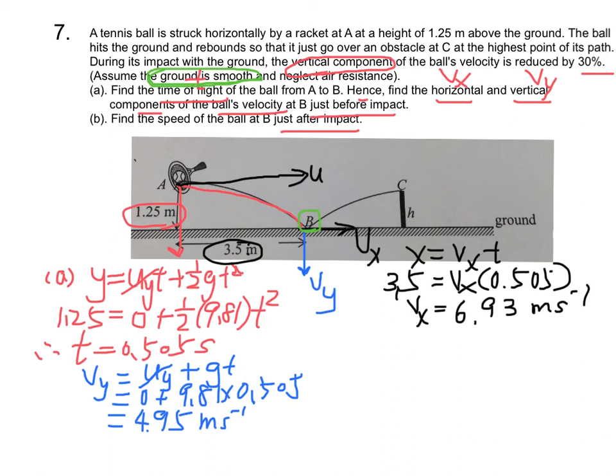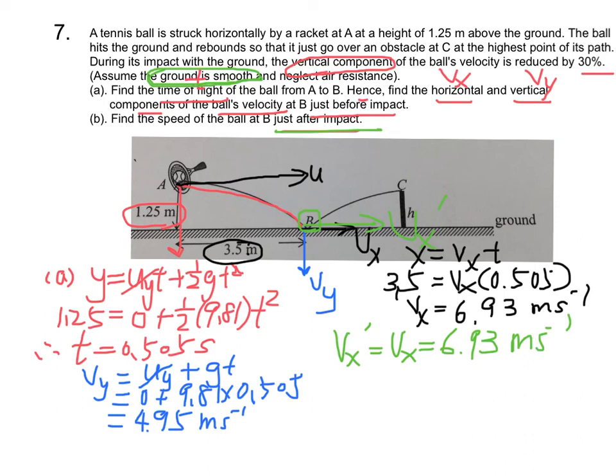That means just after impact, the horizontal speed Vx' is also equal to the horizontal speed just before impact because the ground is smooth. Therefore, Vx' equals Vx equals 6.93 meter per second.